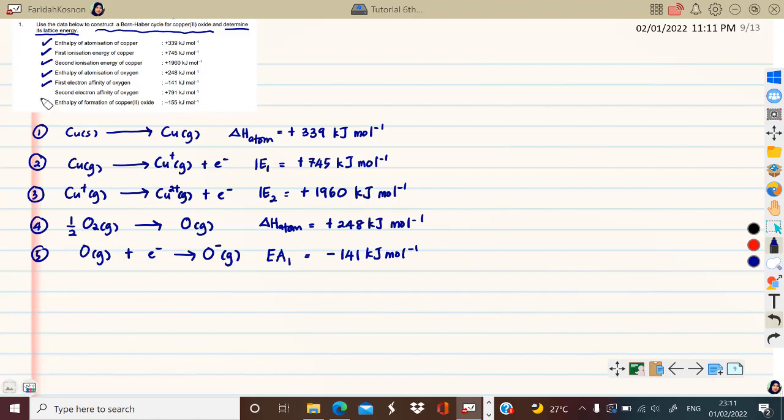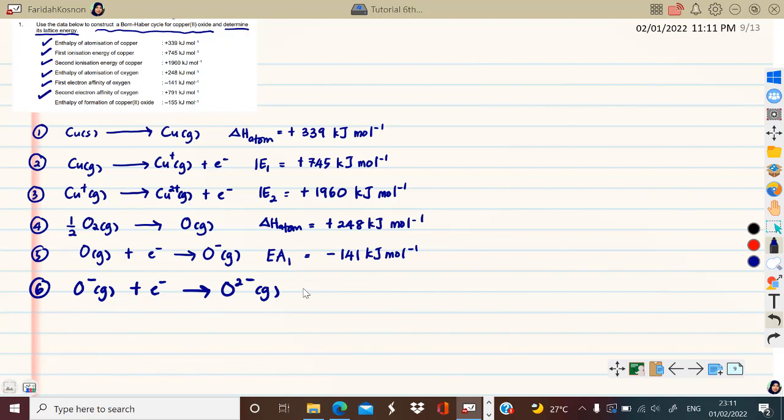Continue with the second electron affinity of oxygen. This is thermochemical equation number 6, which represents the second electron affinity of oxygen. Starting with O- gas, it gains 1 mole of electrons and forms oxide gaseous ion.